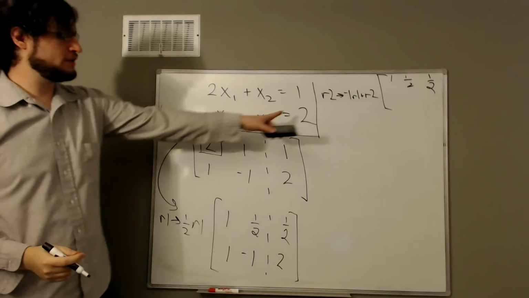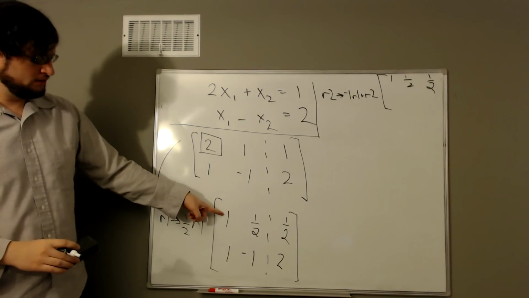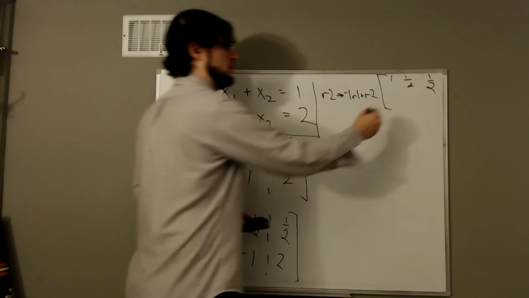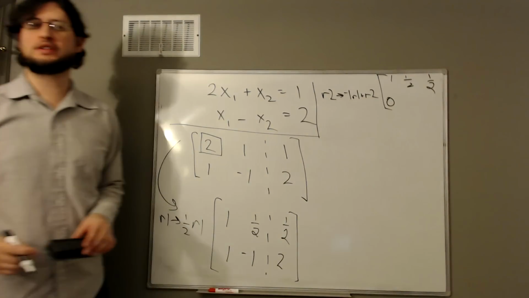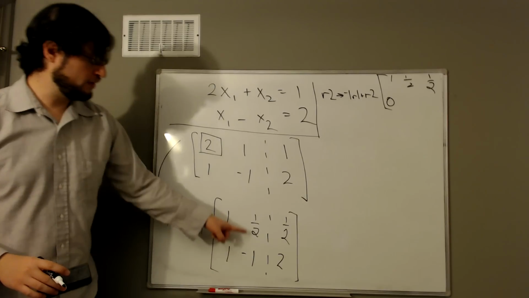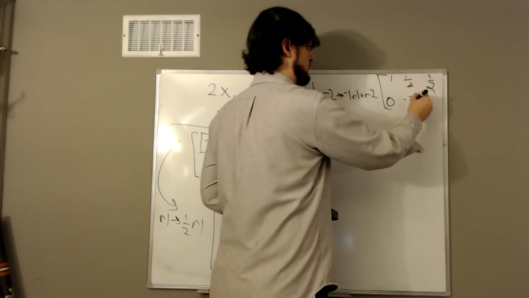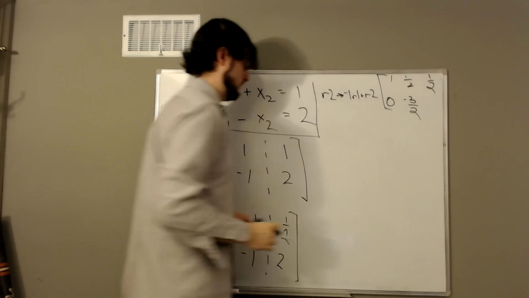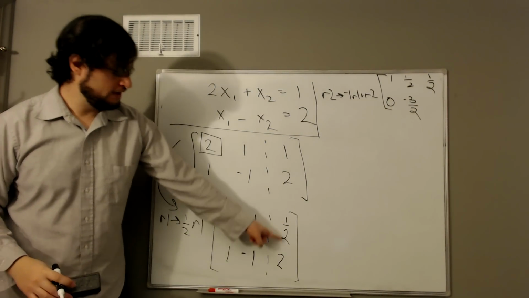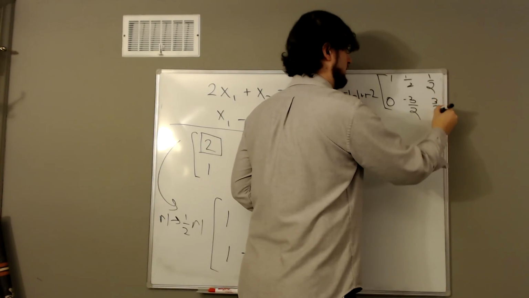But row 2 is now negative row 1 plus row 2. So negative 1 plus 1 makes a 0, and that's what I wanted. I wanted a 0 here. Negative row 1 plus row 2, so that's negative 1/2 plus negative 1/2 is negative 3/2. Negative row 1 plus row 2, negative 1/2 plus 2 is positive 3/2.